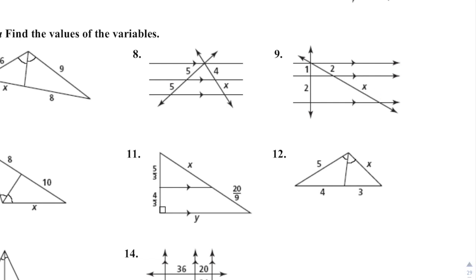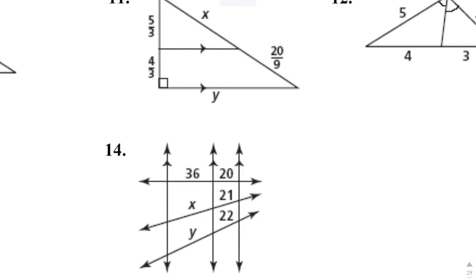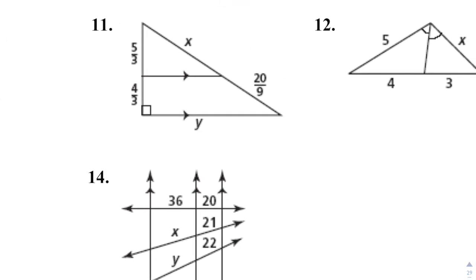You can solve that. I'm going to do this one right here, the fractions. Students tend to freak out with fractions. I don't know why. It's all good. It's easy. You got this. We're going to solve for x.